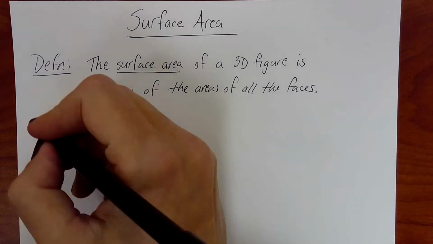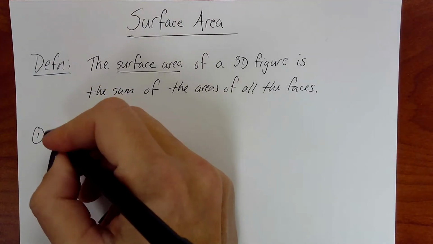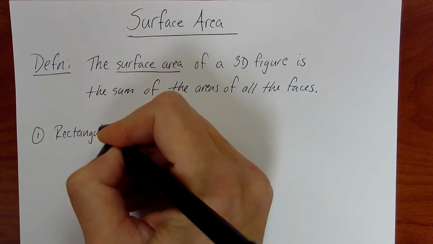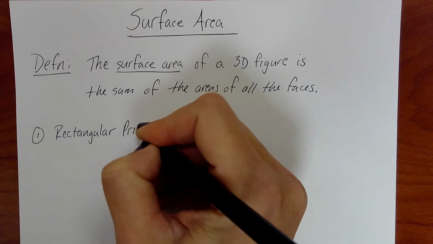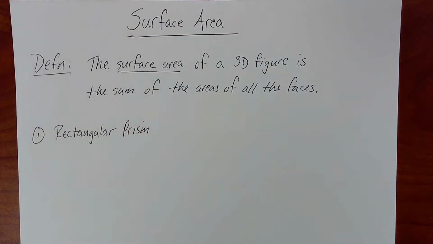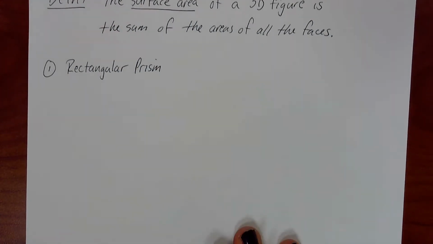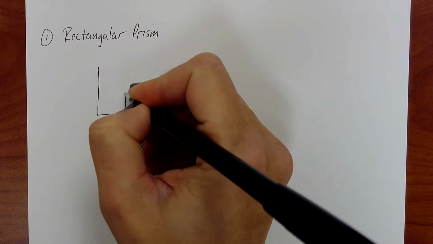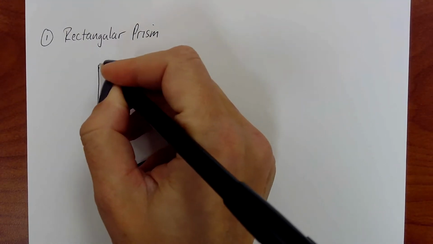So let's do the first shape here. Let's do rectangular prism. Rectangular prism. Okay. And we can draw one. Let me move this up. We'll draw a tall rectangular prism.